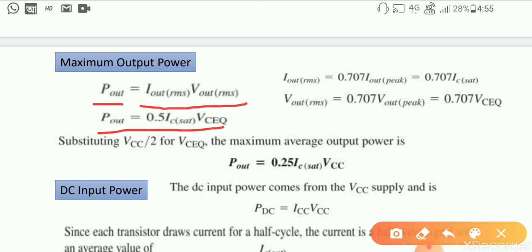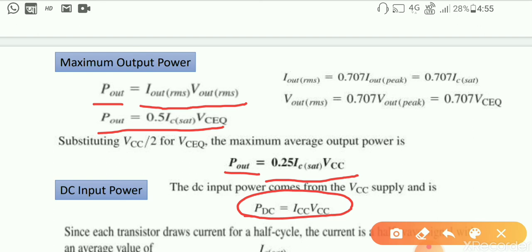So you just apply the decimal value there. If you put the value for getting the P out, this value will become 0.25 IC sat for VCC, and the DC power supply which is applied on that is ICC into VCC.